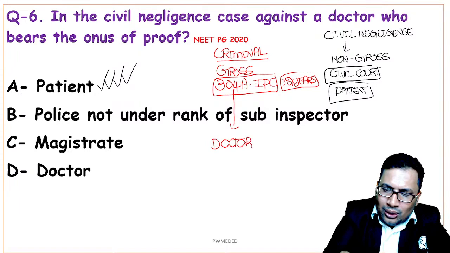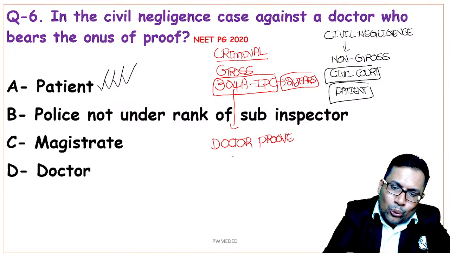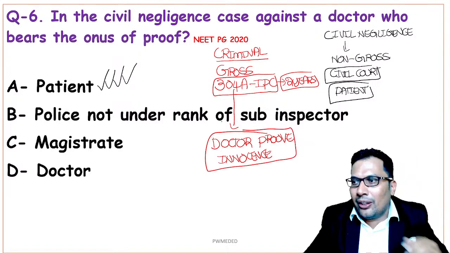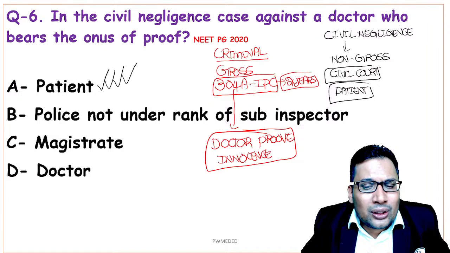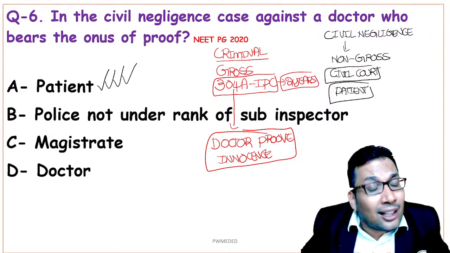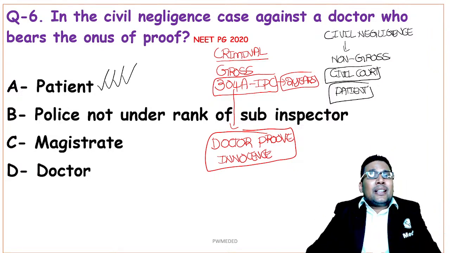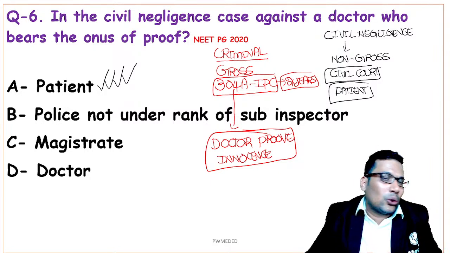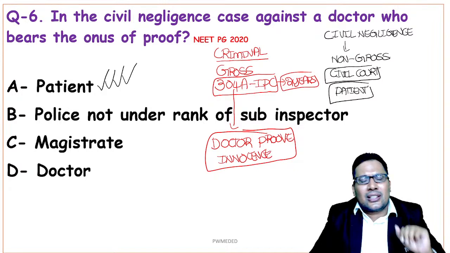So who has to prove? The doctor has to prove his innocence. This is a very good question asked in the exam. All of you remember, the doctor has to prove the innocence in criminal negligence. The patient has to prove the negligence of the doctor in civil negligence. These are very important points asked in the exam.